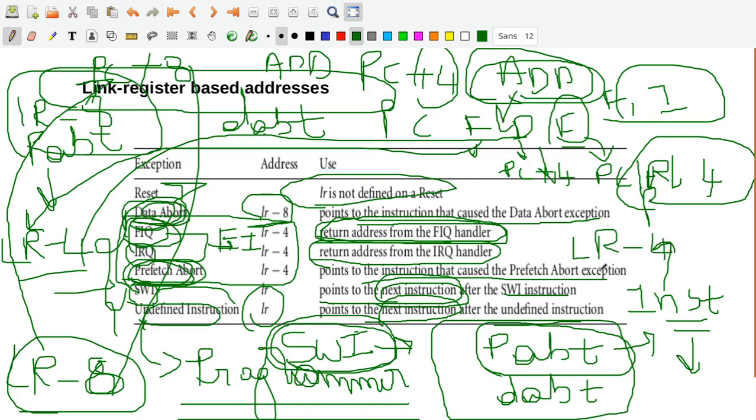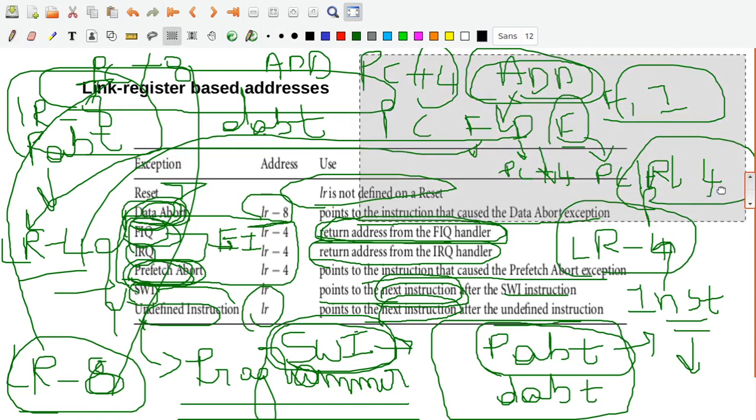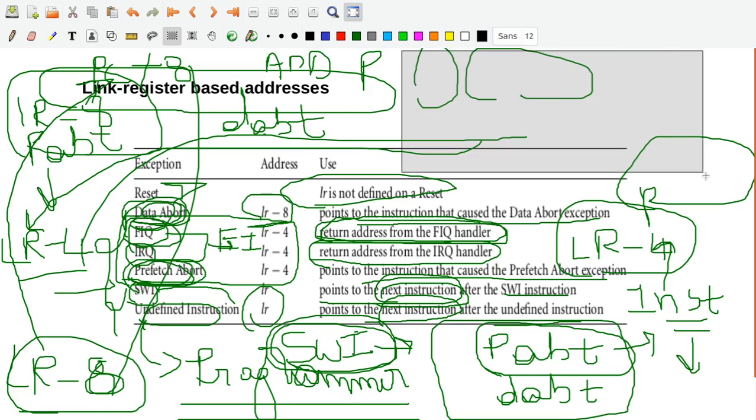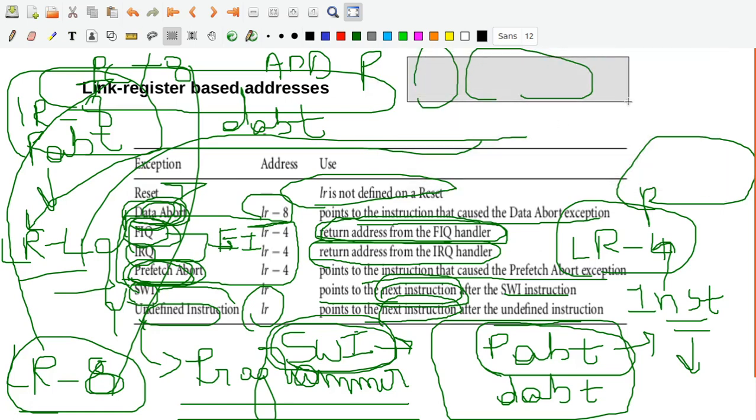What do you mean by that? You complete the execution of this instruction. Whenever the instruction is still getting executed, it is not actually completed.